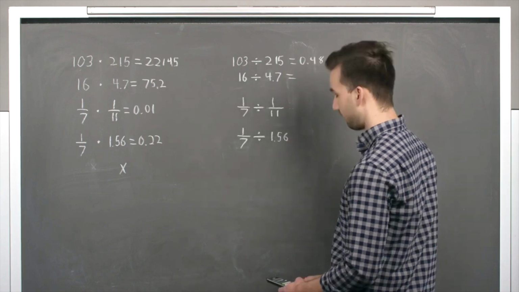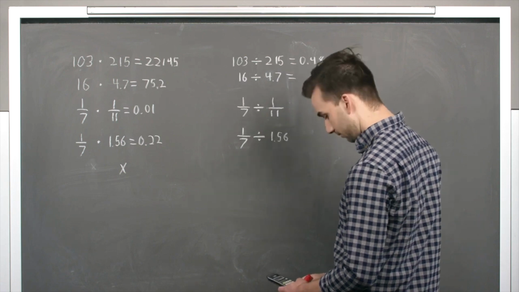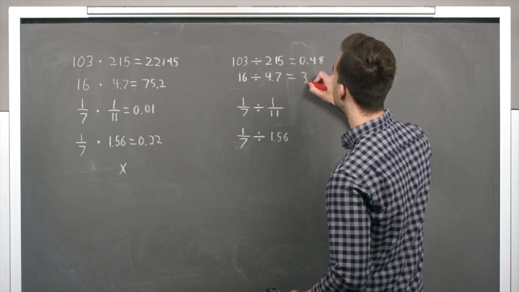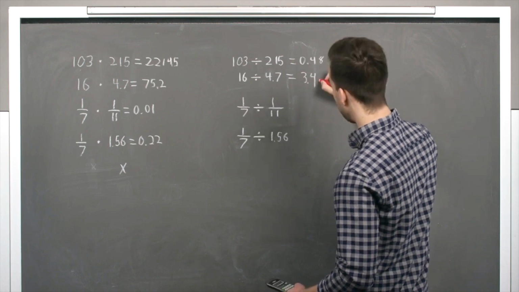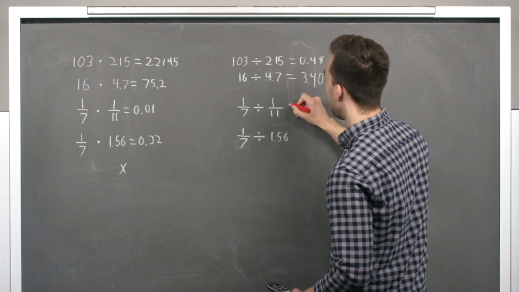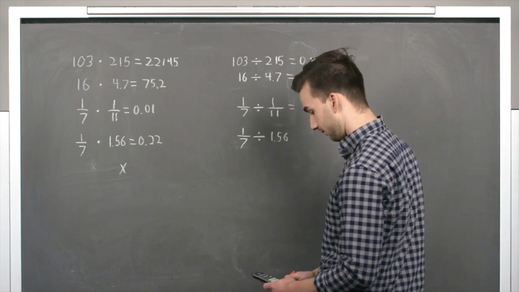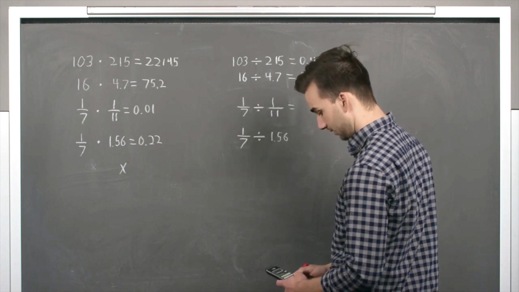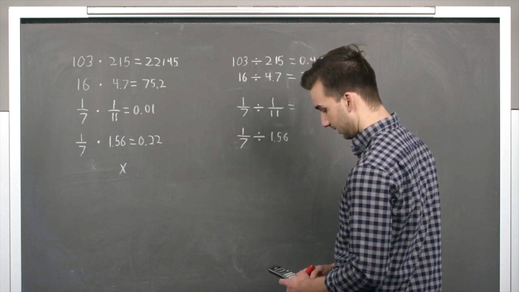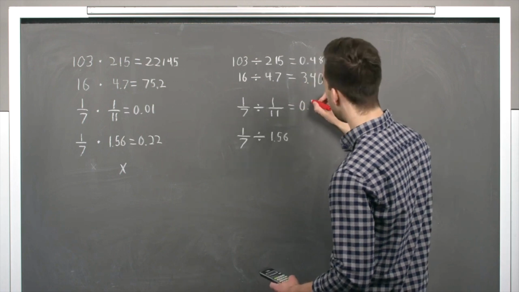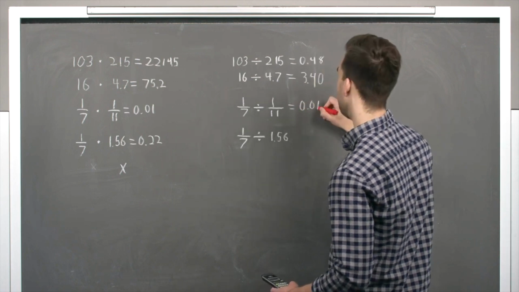And then we have 16 divided by 4.7 gives us 3.40. And then we have 1 divided by 7 divided by 1 divided by 11 gives us 0.01.